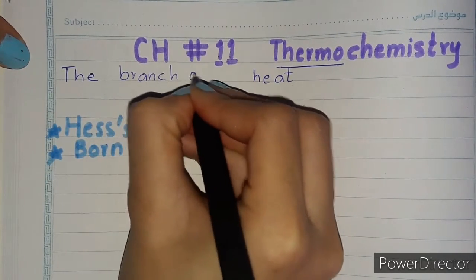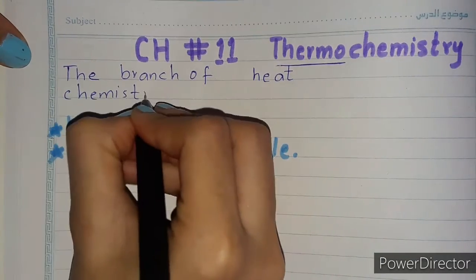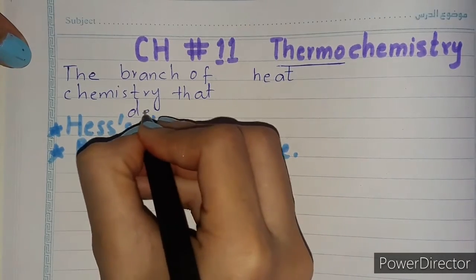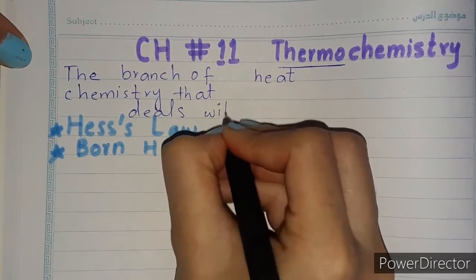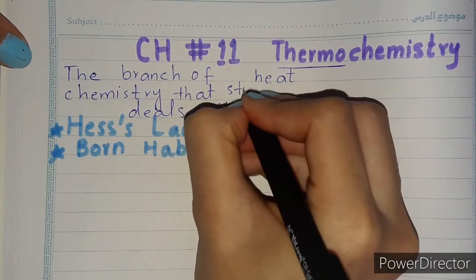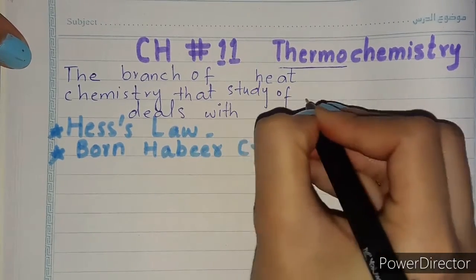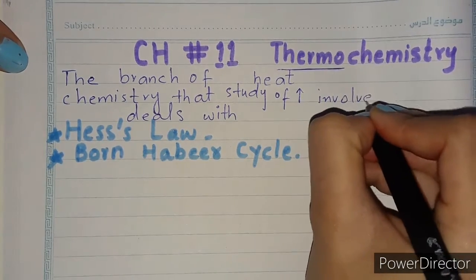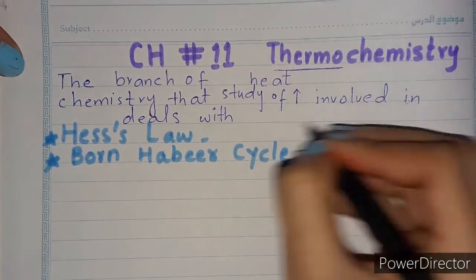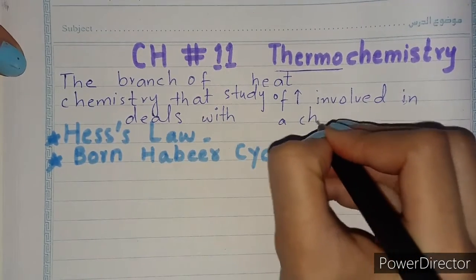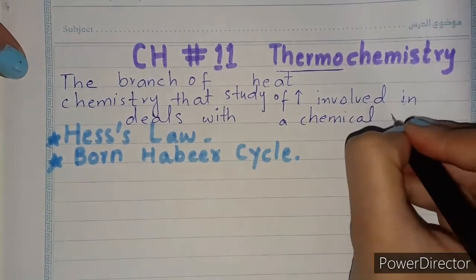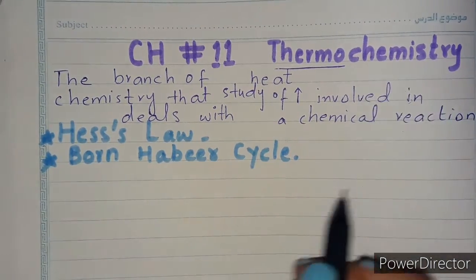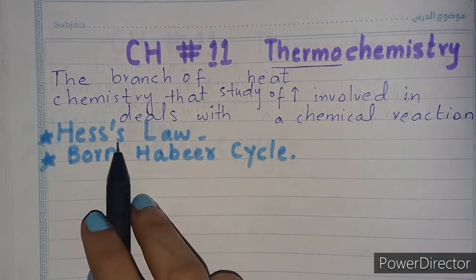It is the branch of chemistry that deals with the study of heat involved in a chemical reaction. This is called thermochemistry. Then we are moving towards the Hess Law.